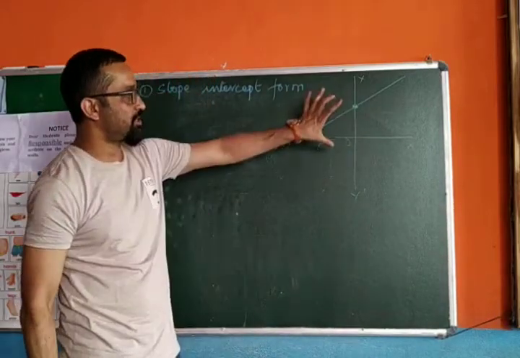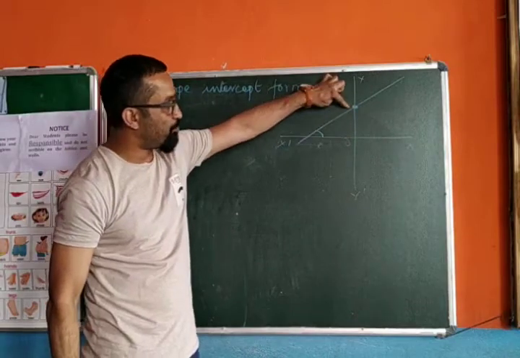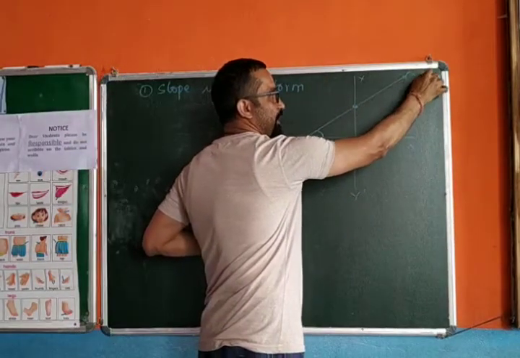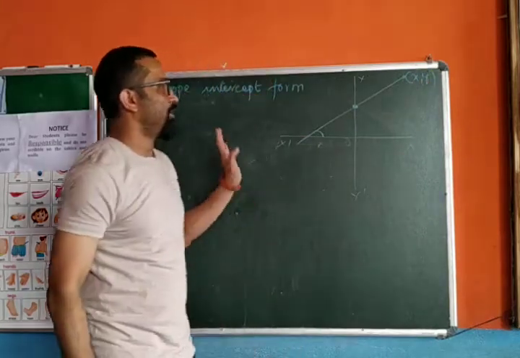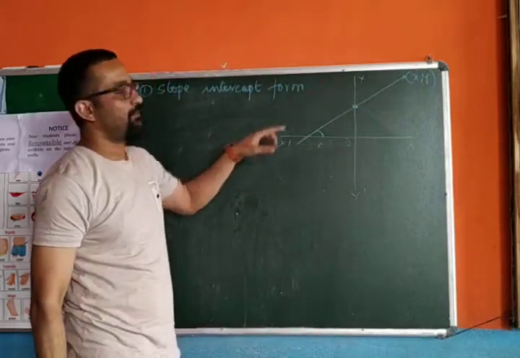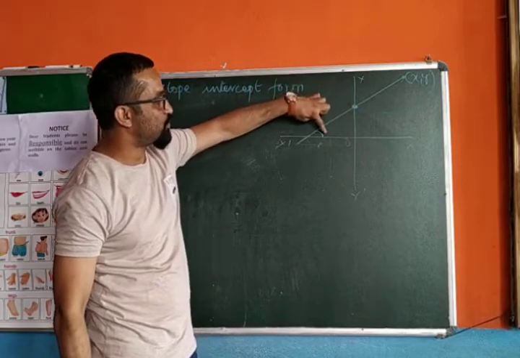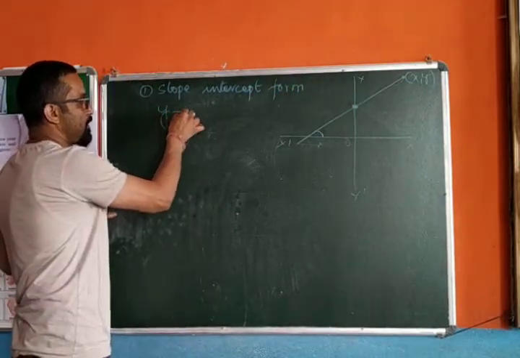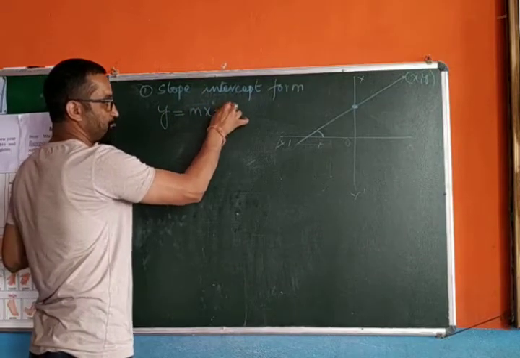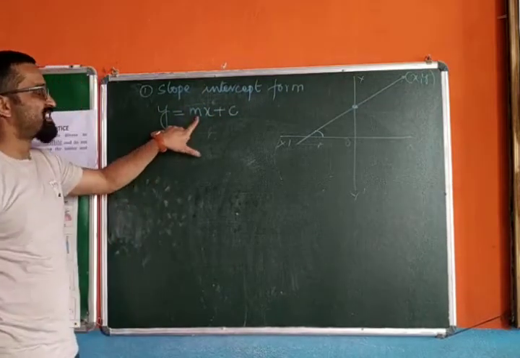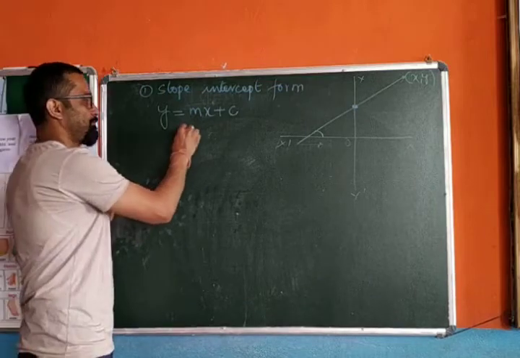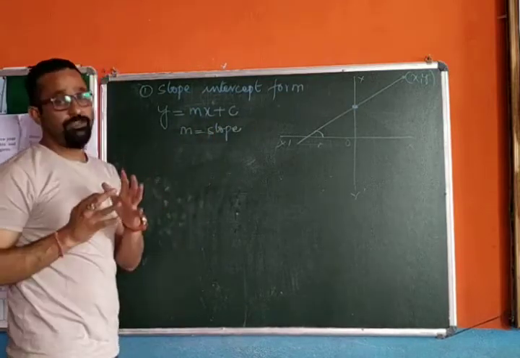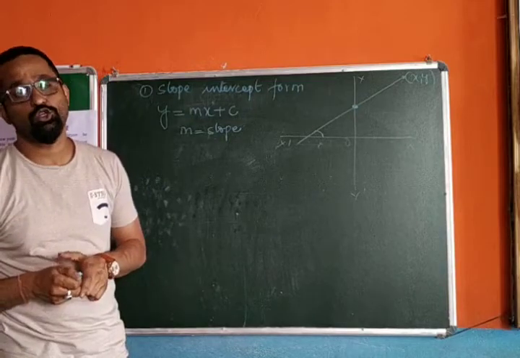The line is cutting y-axis at a point and you have the coordinate here x comma y. The equation of this line which has y-intercept and slope is given by the formula y equals to mx plus c. M stands for slope, m equal to slope, and I have given you the formula to calculate slope.